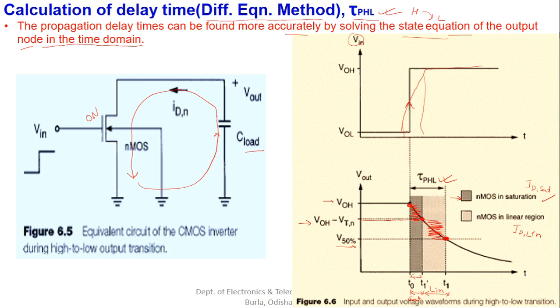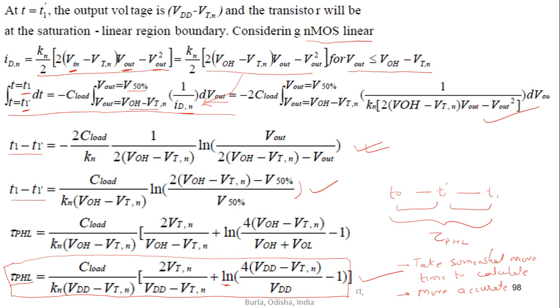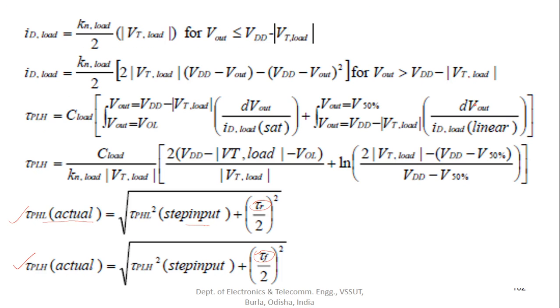it is having some definite rise time and fall time. In that case, the delay will increase, and the delay will increase by this term, tau r by 2 whole square, plus that same tau PHL square, all under the square root. So this is how we can calculate the actual tau PHL and actual tau PLH, or the practical tau PHL and practical tau PLH, when the rise and fall times of the input signals are given.